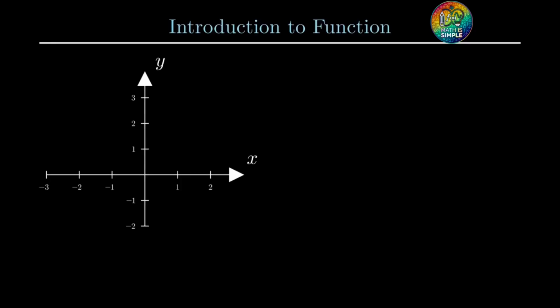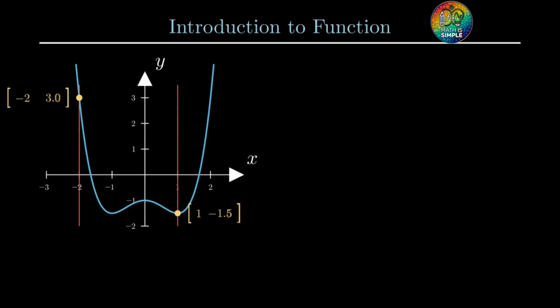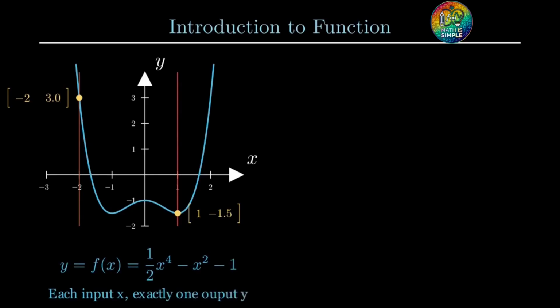Next, we will answer the question, what actually makes a graph a function? Let's look at a graph on the left. This curve represents the equation y equals f of x equals 1/2 x to the 4 minus x squared minus 1.